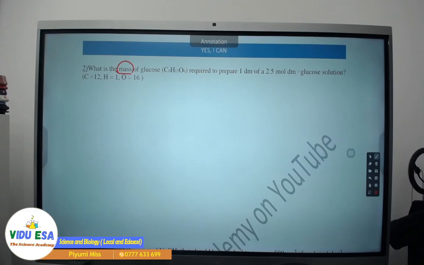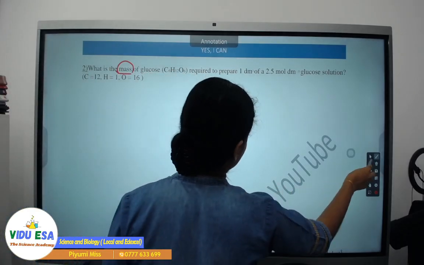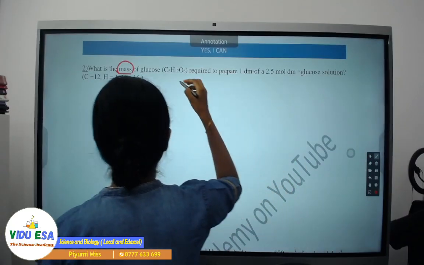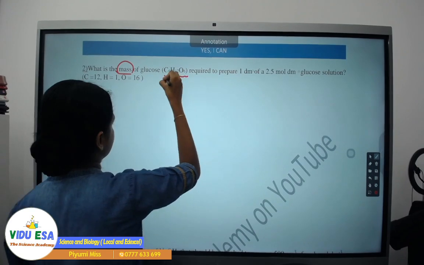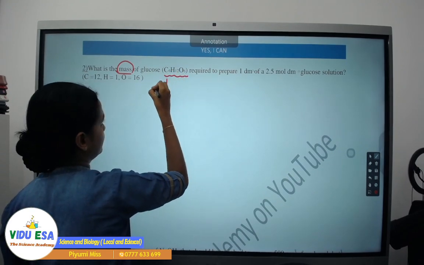Let's see. Mass of glucose. So glucose is C6H12O6. You are given the relative atomic masses. You can calculate the relative molecular mass.